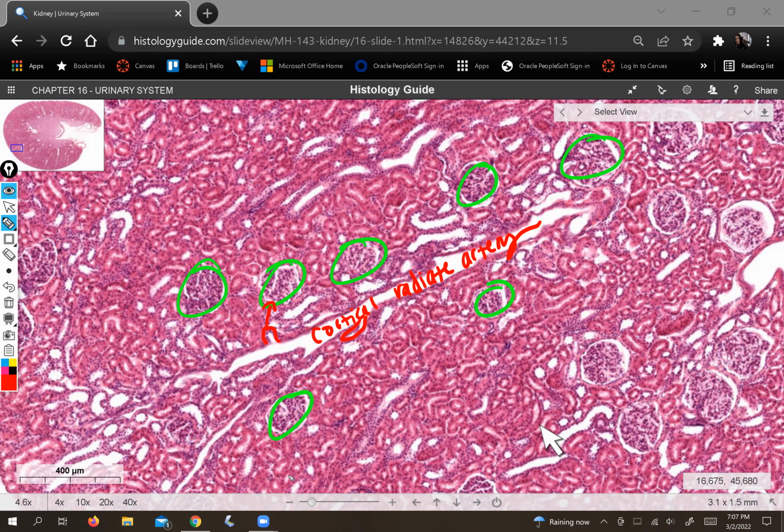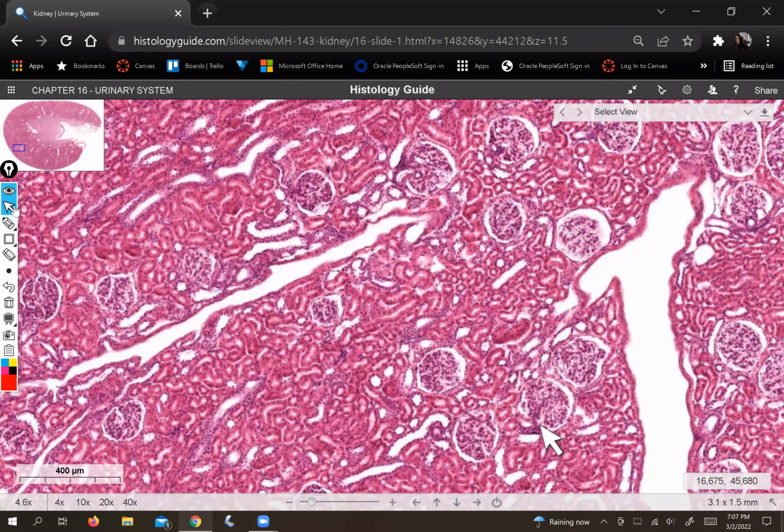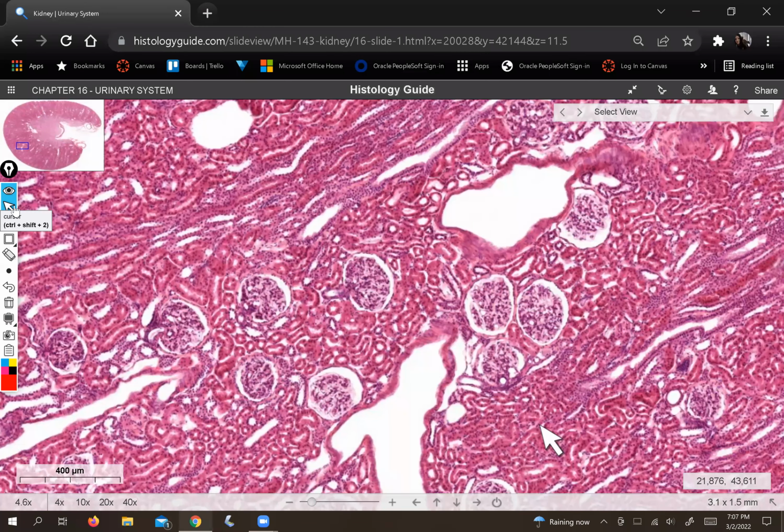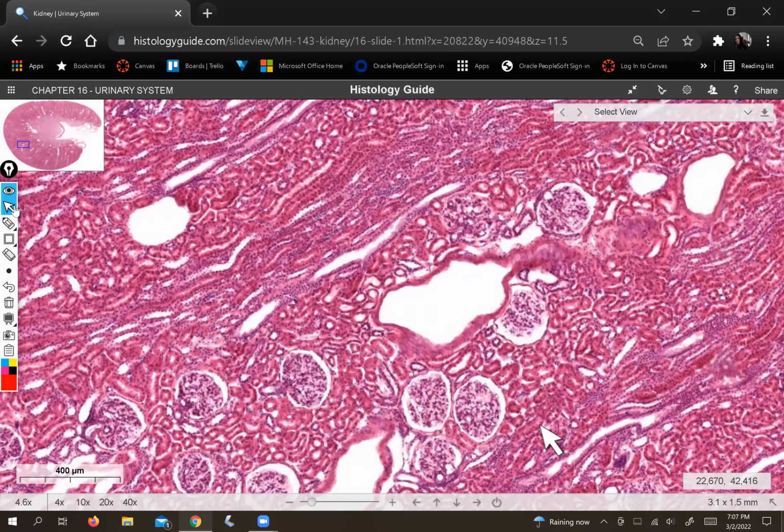So if I find a cortical radiate artery, which is an artery running through the cortex down towards the medulla, and it's relatively straight, I should also be able to see which corpuscles I think are associated with that particular artery. So in addition to visual identification and sussing out visual differences, it's always a really good idea to apply logic and larger order structural learning to what you're learning, because that helps make sense of all of it.